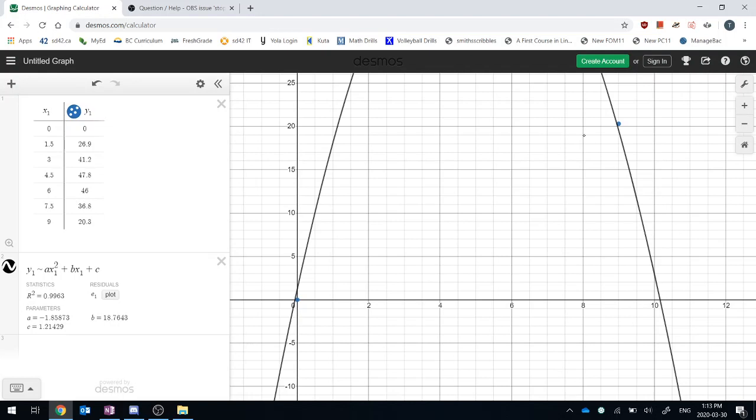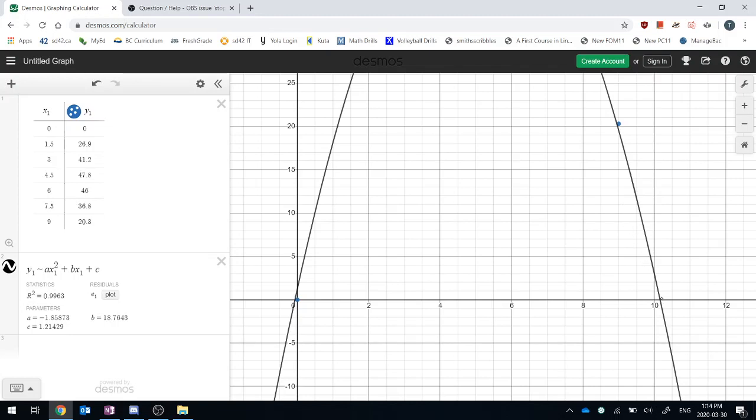But as we know, the last data point that we got from the table was this one. As we travel down this curve, the concentration of the medication in the patient's blood is decreasing, obviously because the graph is decreasing.